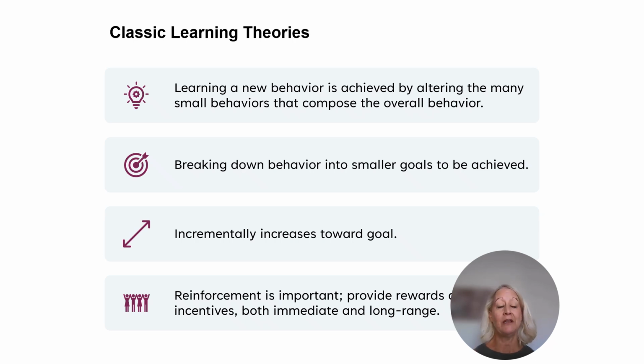It's important to use reinforcement. Positive reinforcement is praise and rewards that help to strengthen our desired behavior. Negative reinforcement is removing an unpleasant stimulus and can also encourage behavior. Both immediate rewards to reinforce early progress and long-term incentives to sustain motivation are important, along with incremental progression toward mastery.